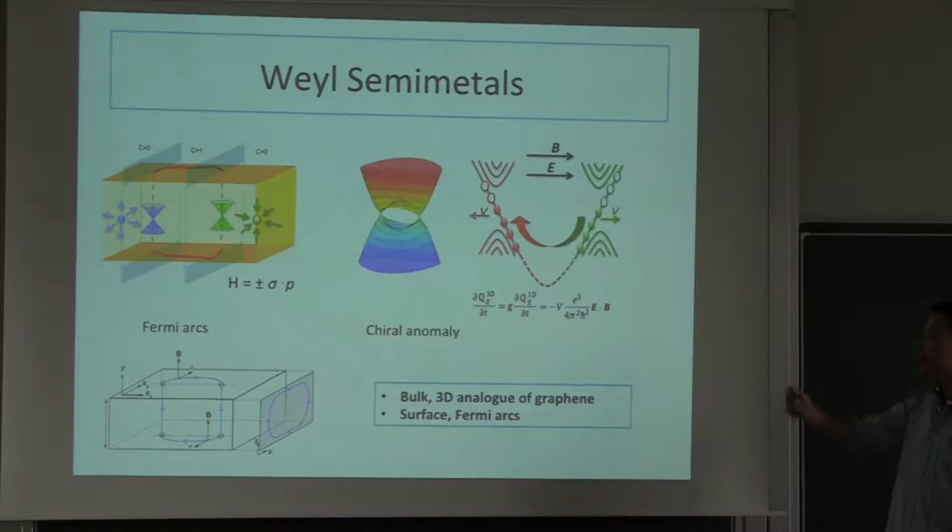On the surface we have the Fermi arc, and related with this 3D Dirac cone and this Fermi arc, a lot of exotic quantum phenomena were predicted, for example, the chiral anomaly and this kind of quantum oscillation. Well, in short, the bulk band is a kind of 3D graphene band structure. On the surface, there are Fermi arc-like surface states. It is similar to a topological insulator, but also different because it's an arc.